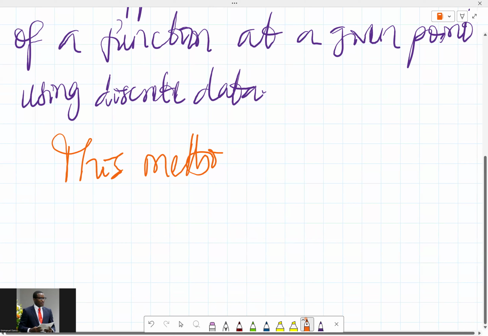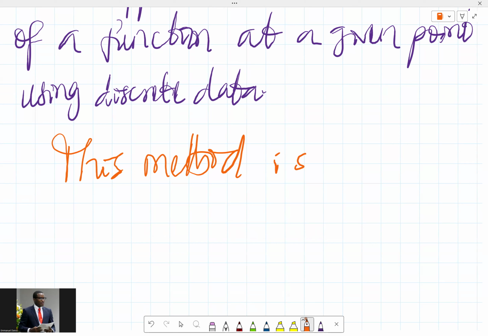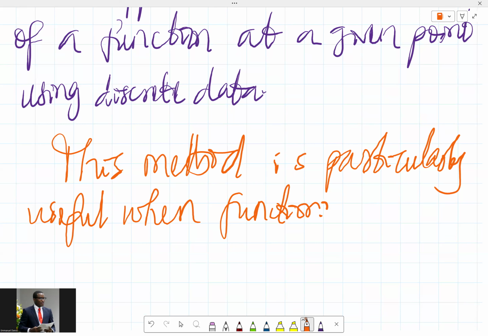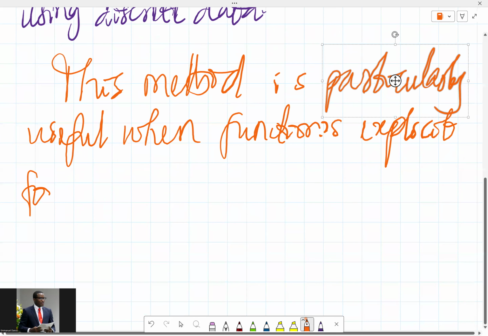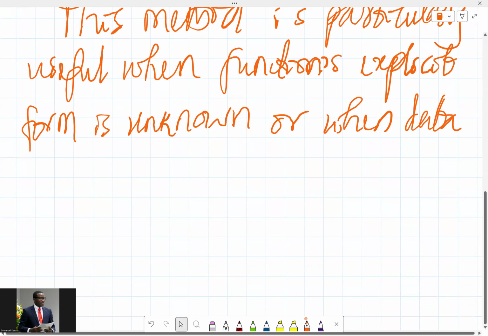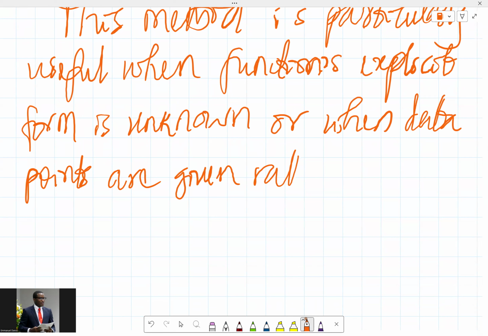This method is particularly useful when the function's explicit form is unknown, or when data points are given rather than the actual function.